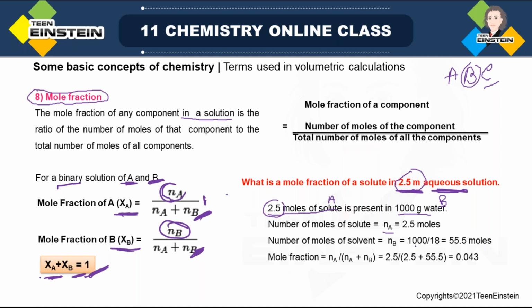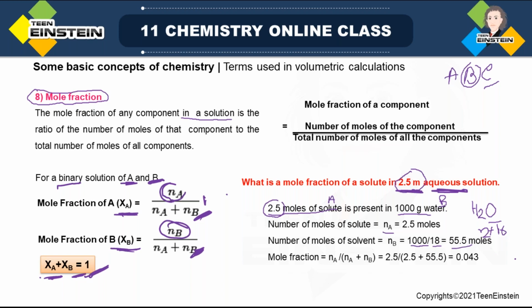And for that, what we will do is take the given mass of solvent, in our case water, divided by the molar mass of water. So formula H2O, for 2 hydrogen it is 2 and for oxygen it is 16. So 16 plus 2, it will be 18. So that is why 1000 is divided by 18, and this is the number of moles of water, 55.5 moles.